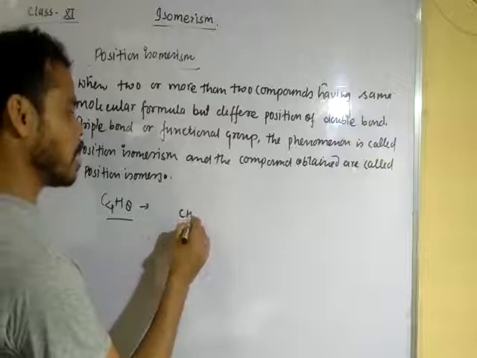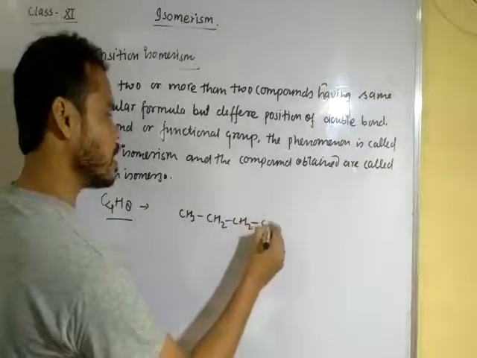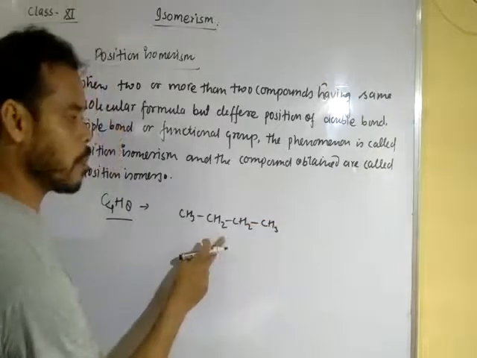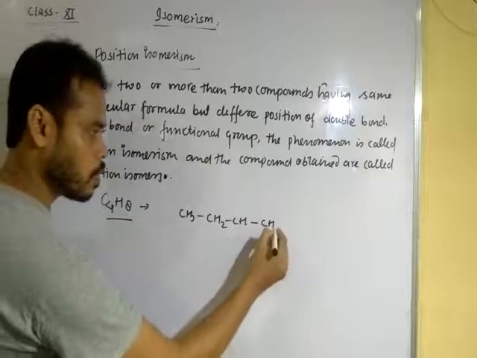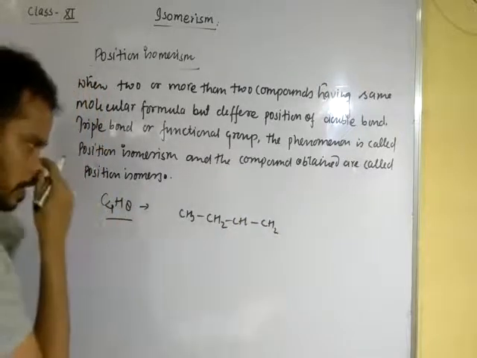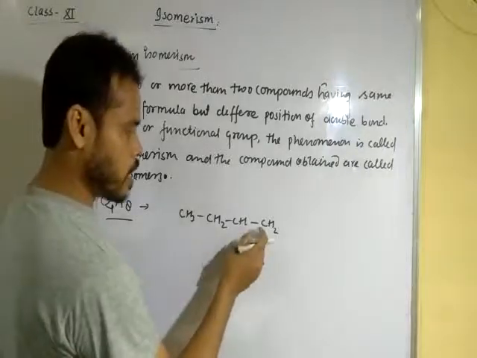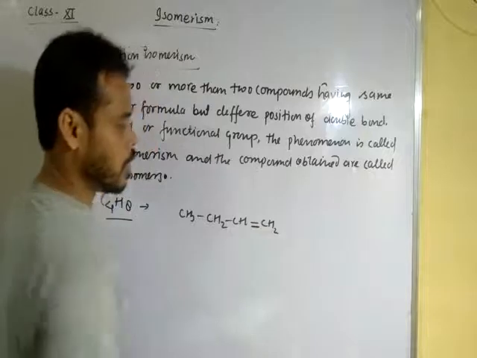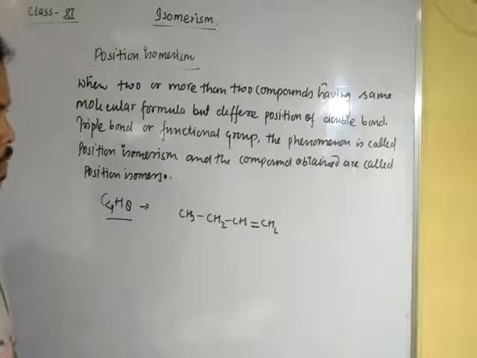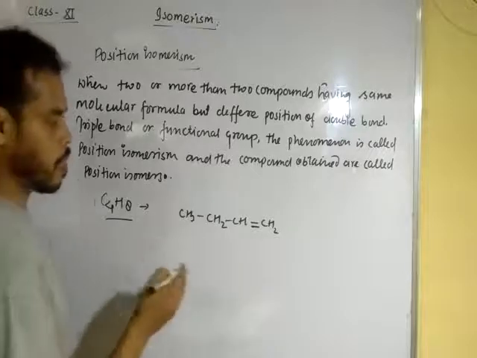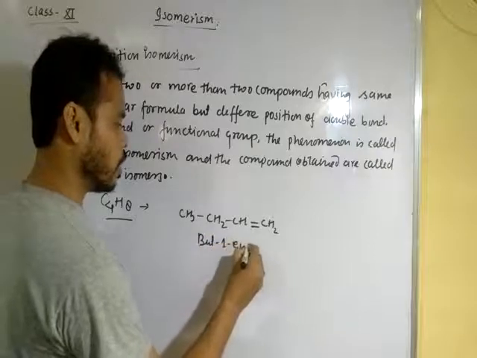Now the structural formula of this compound is CH3, CH2, CH2, CH3, but this is the formula of butane. In butene there are 2 hydrogens less than butane, and to balance the valency of carbon there is a double bond. The name of this compound is but-1-ene.